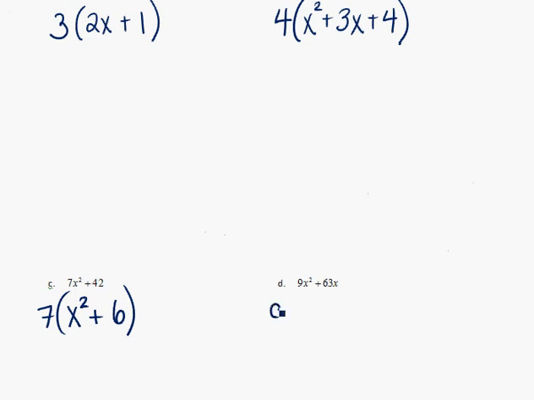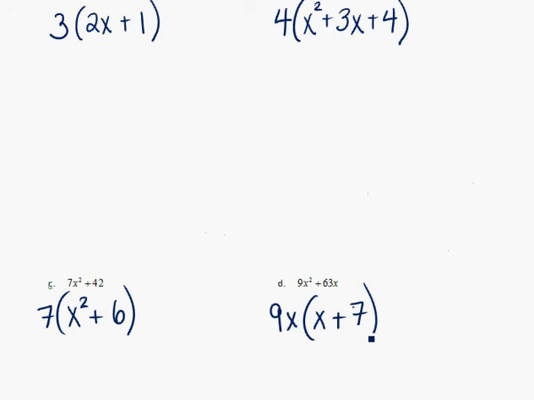So I'm going to take 9x, that's my first factor, and then I need to figure out what I can distribute 9x by in order to get 9x squared. Well, that's 9x times x would give me 9x squared, plus 9x times 7 gives me 63x.